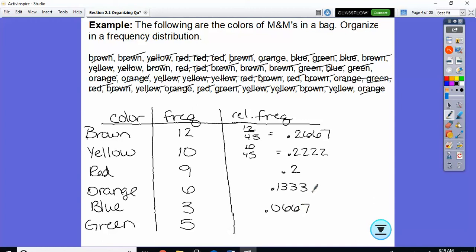Blue, and green. Does everybody understand where I got those numbers?